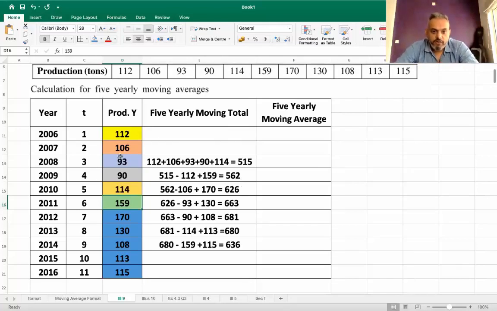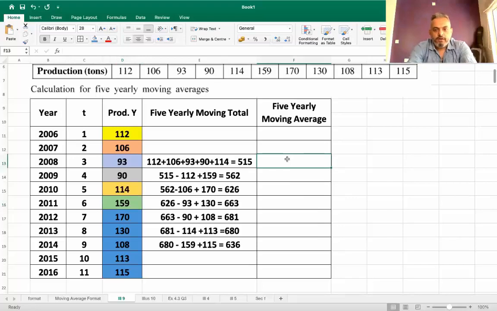Then what you do is you write all the 5 numbers every time. You start with 112, 5 numbers, 106, 5 numbers, 93, 5 numbers. But then it will be a bit more time consuming because every time you will have to do the total of all 5 numbers. Okay, that is fine. You do what you are comfortable. We should get the correct answer.